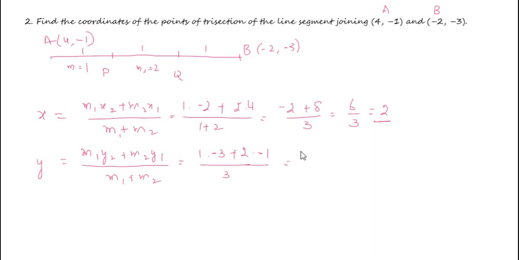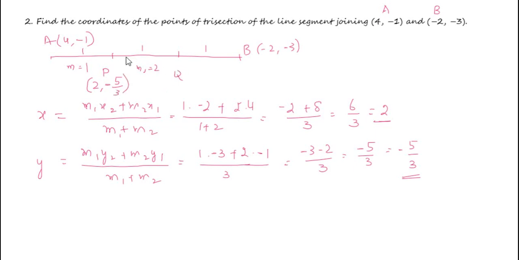So this is minus 3 minus 2 divided by 3, is minus 5 divided by 3, equal to minus 5 by 3. So coordinates of point P are 2 and minus 5 by 3.